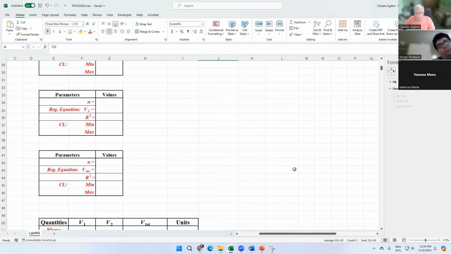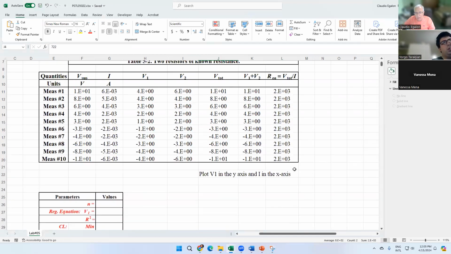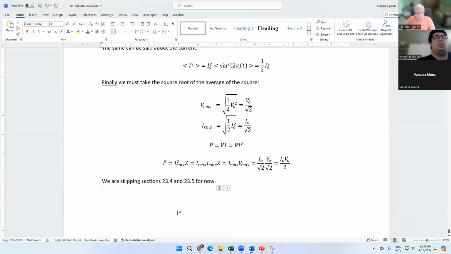One more question. How do we know when to do scientific or number format again? I gave that rule of thumb, right? Numbers that are less than 0.001, use scientific format.